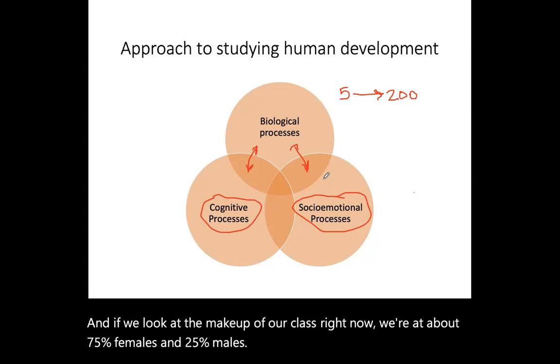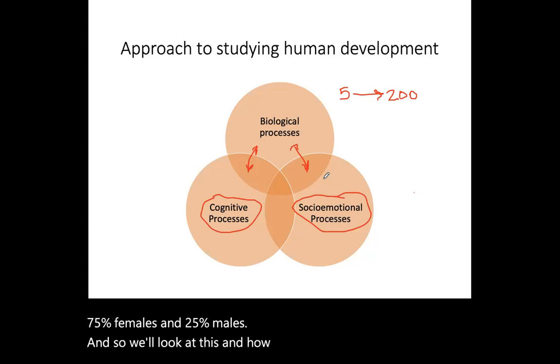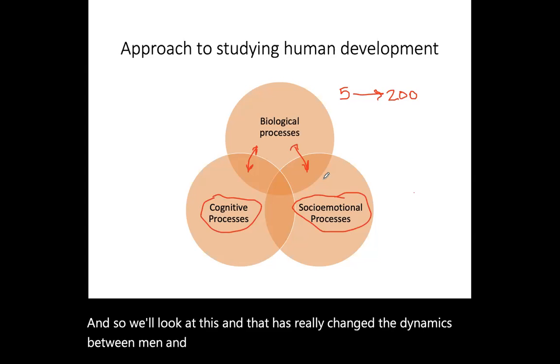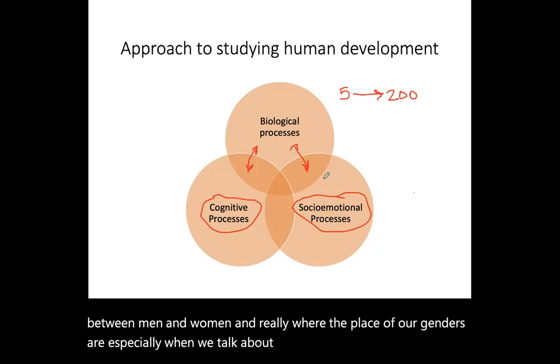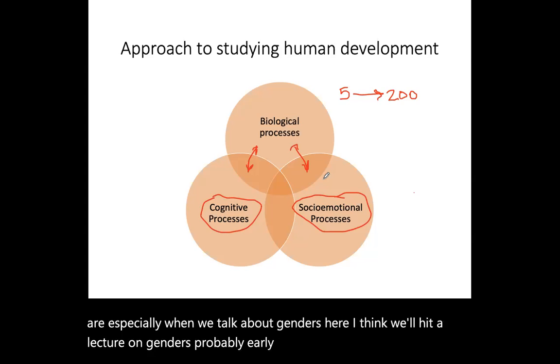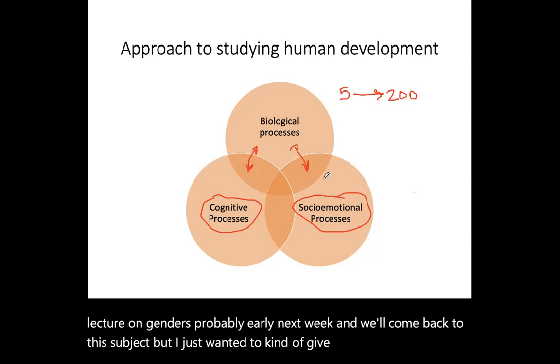And so we'll look at how that has really changed the dynamics between men and women, and where the place of our genders is, especially when we talk about genders. I think we'll hit a lecture on genders probably early next week, and we'll come back to this subject, but I just wanted to give a preview.